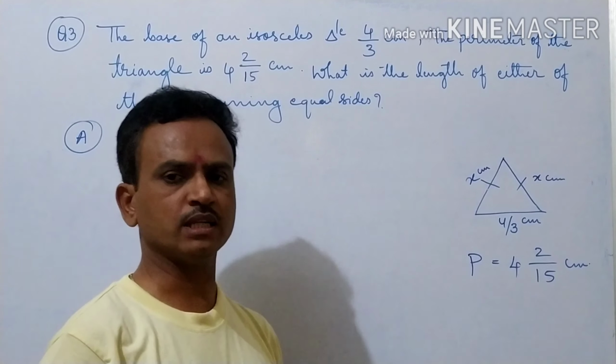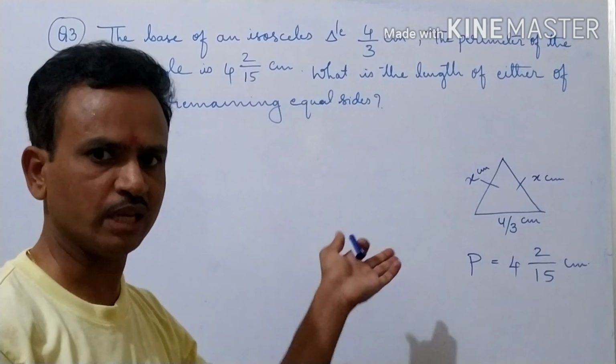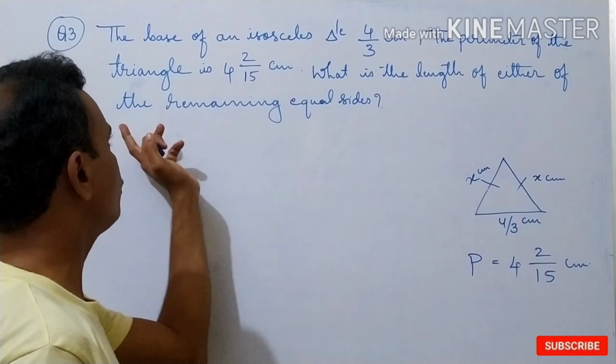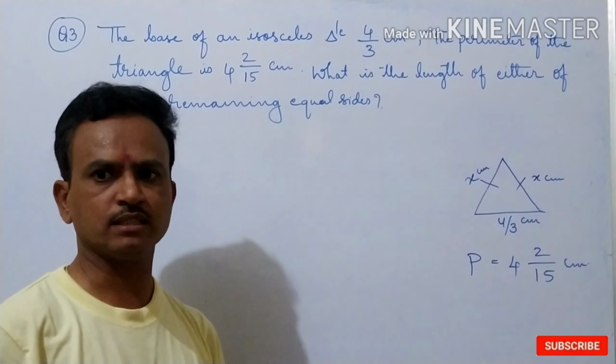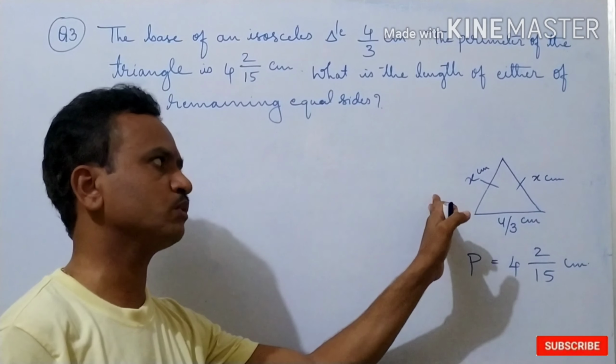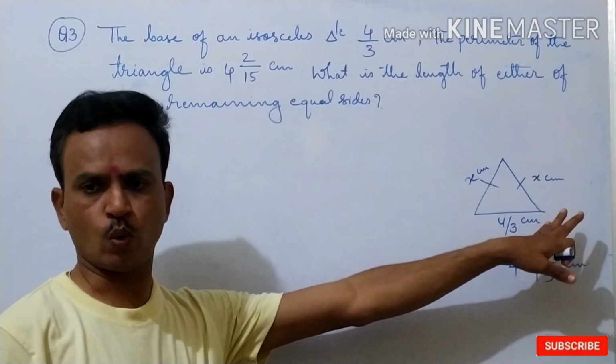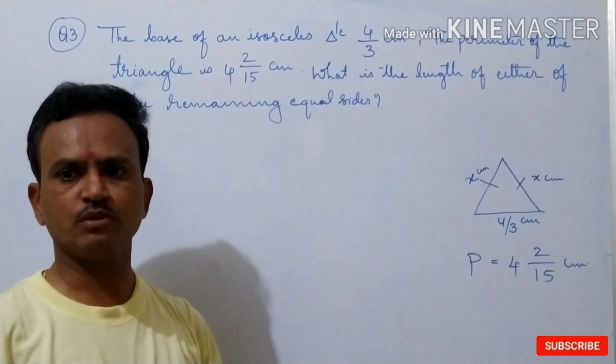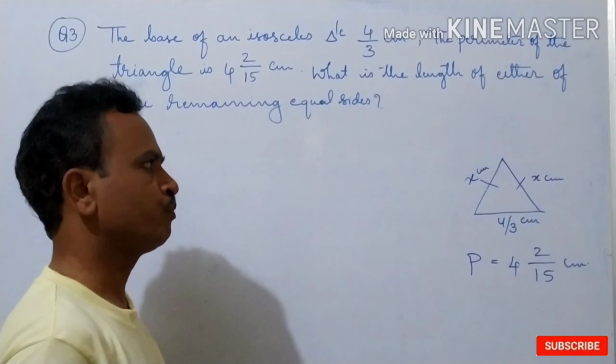Okay, sum of three sides of a triangle, that is said to be a perimeter of a triangle. What is the length of either of the remaining equal sides? Remaining equal sides means here we should find the x value. Okay, here equal sides here. Okay, so that we should find here x value.